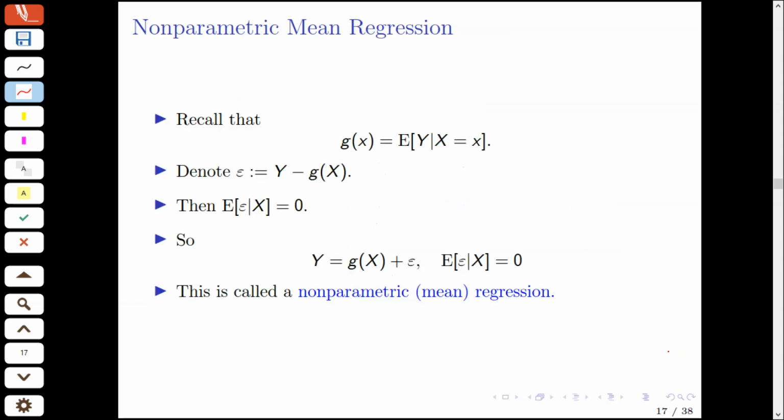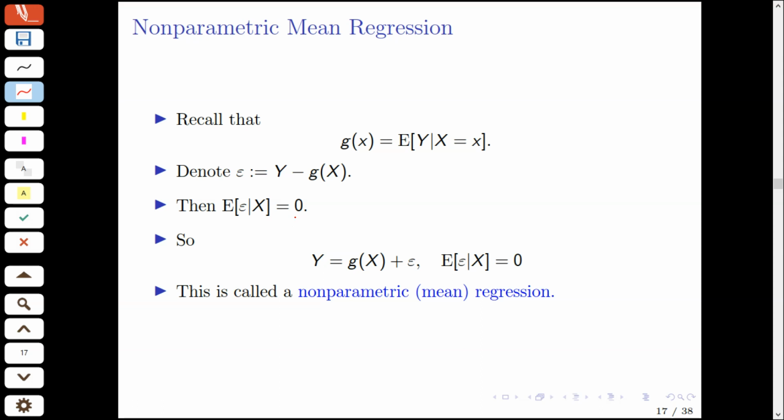All right. So recall here that we've defined g to be the conditional mean of y given x as we vary the conditioning argument. Now let's define a random variable, we might call it epsilon, as the difference between y and its conditional mean. Then by construction, this random variable will have conditional mean 0, right?